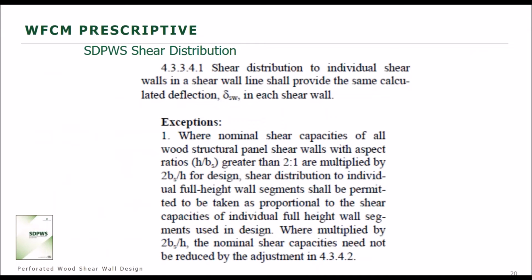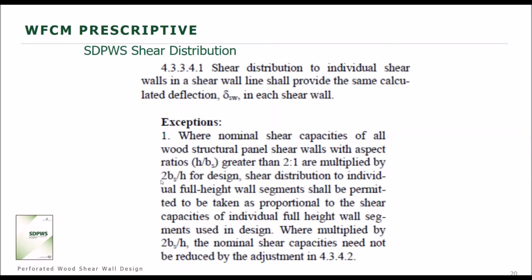Additionally, this is something that was not picked up for wind in the 2015 WFCM, but I do want to make you aware of it because it applies to wind in the 2018. There is an adjustment required based on the aspect ratio of the full height segments. You'll see that in the WFCM we have a footnote that says the full height segments are limited to an aspect ratio of 2:1 unless you use this 2bs/h adjustment factor.